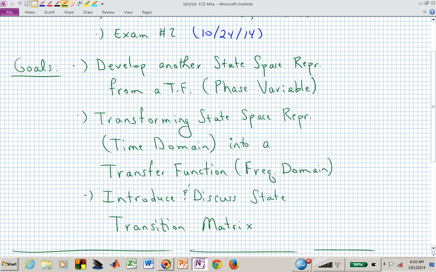It allows you to understand how you transition from one location in your state space to another location in your state space, and it provides you insight into the dynamics of how that happens.